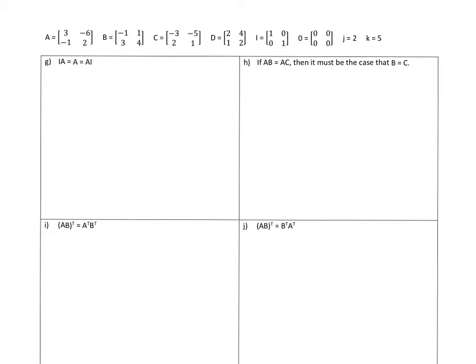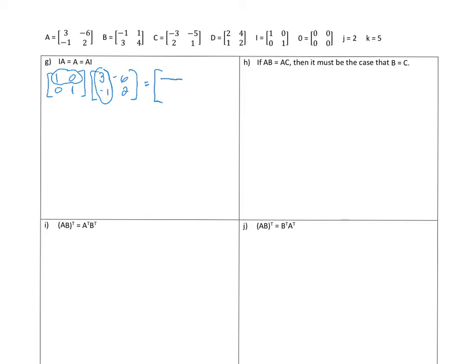Okay, identity times a matrix. Does that always give you A? And is it the same thing as A times the identity? So we're going to test it out. The identity is 1, 0, 0, 1. In this case, A is 3, -6, -1, 2. When you just do the rules of multiplying matrices, first row times first column, you put that in the first row, first column of the result.